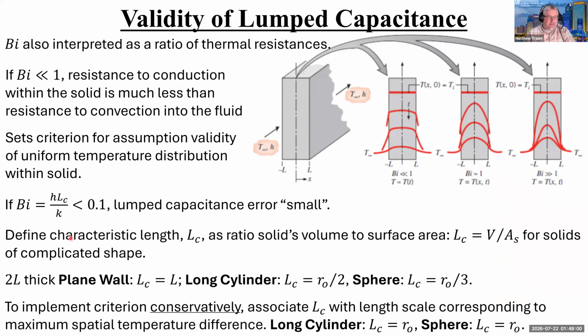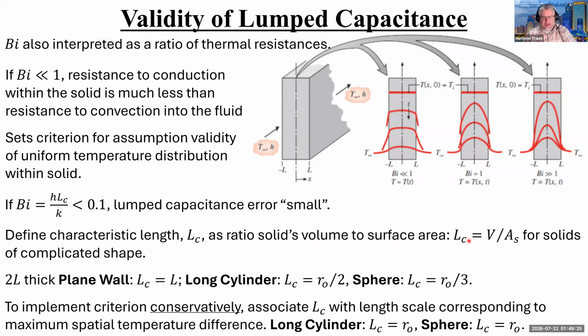Well, it's C for characteristic. So it's sort of like a hydraulic diameter in the world of fluids. We want to define this characteristic length, L sub C, and we want to be able to come up with an L sub C for any geometry, right? So any shape.